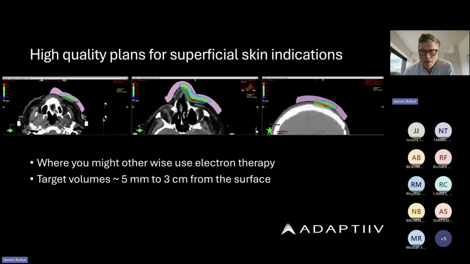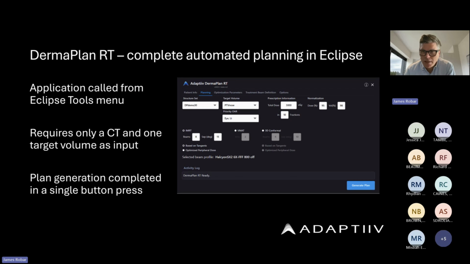Could also be a lot more complicated than what you see on the screen here. DermaPlan can tackle cases like whole scalp, where you have 360 degrees of treatment on the scalp, or volumes wrapping around extremities. I'm not going to get into the tool just yet, since probably doing a live demo is the best way to show it, but suffice it to say for now that this is run directly from within Eclipse.